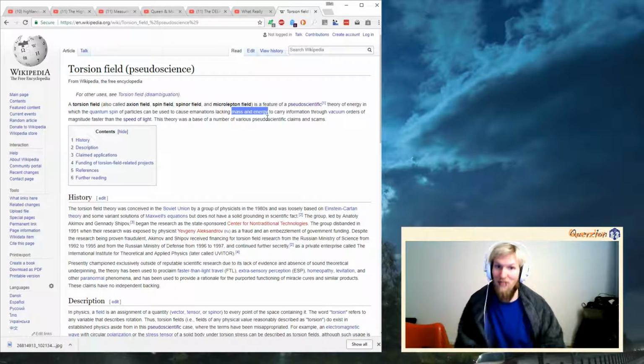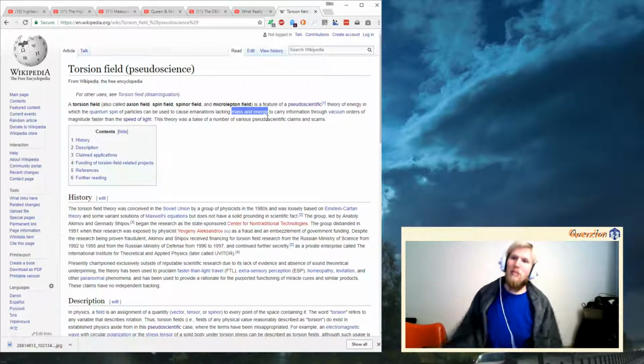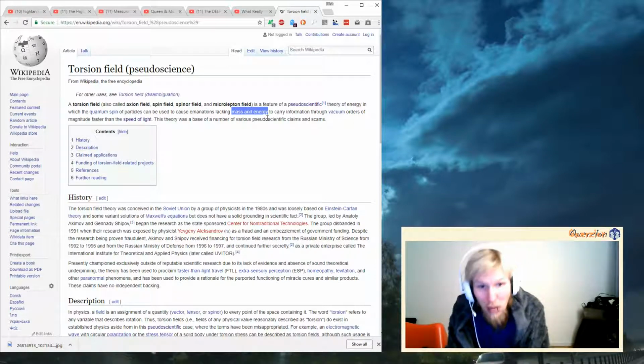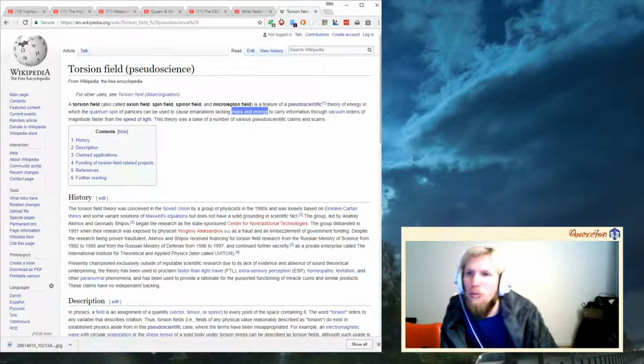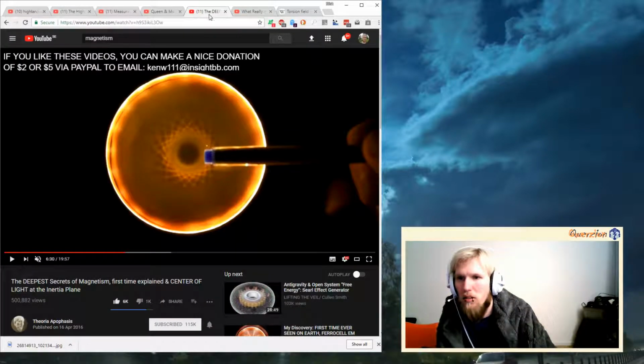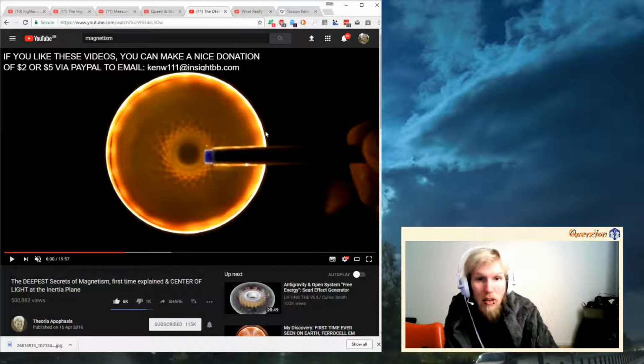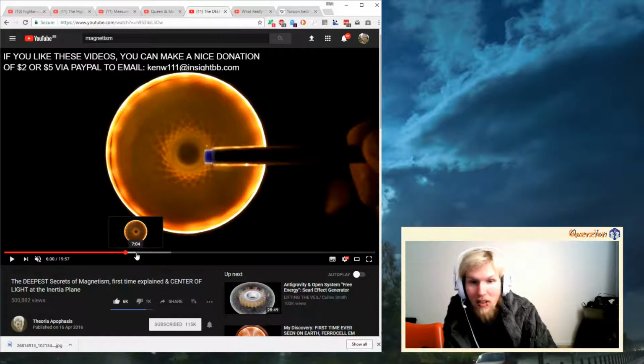Enough of the pseudo-sciencey stuff there, right? But yeah, back to the topic of torsion fields. Okay, so what is a torsion field? This is a torsion field. It's not that much of a pseudoscience anymore, is it?